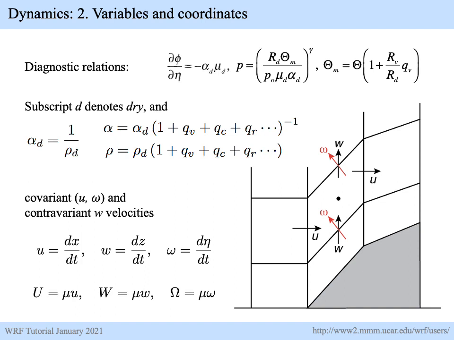The last thing I want to touch upon here is that while we have a prognostic equation for the vertical velocity w, we also carry a second, nominally vertical velocity denoted omega.